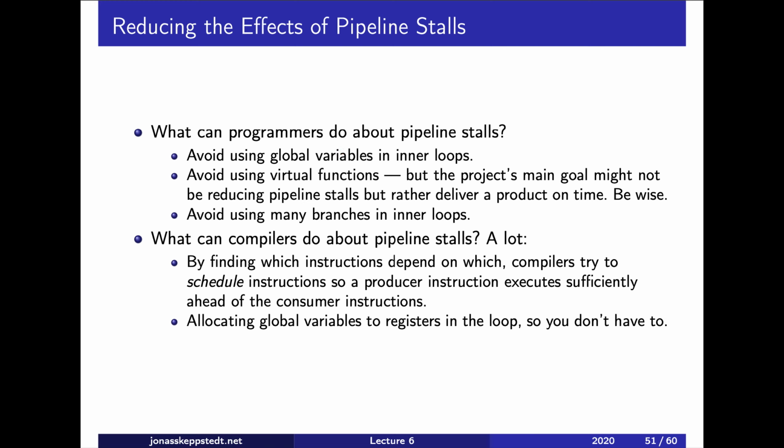And why would that be a good idea? Well, usually global variables are not allocated a register, and instead they are fetched from memory. And reading from memory at least takes some clock cycles, and it usually results in a pipeline stall, since there is a load and probably we need that value very soon.